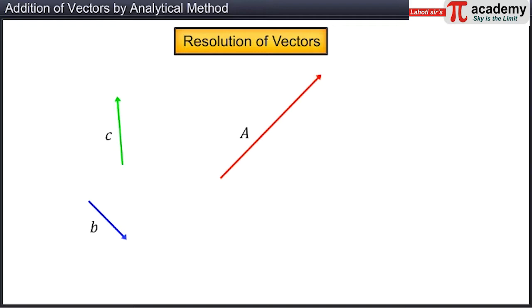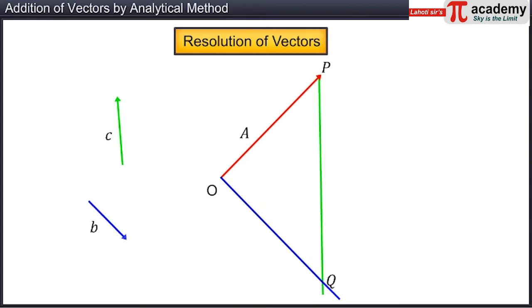In this case, you need to resolve vector A along the directions of B and C. O and P are the tail and head of A respectively. From O, draw a line parallel to B, and from P, draw a line parallel to C. Let these two parallel lines intersect at Q.